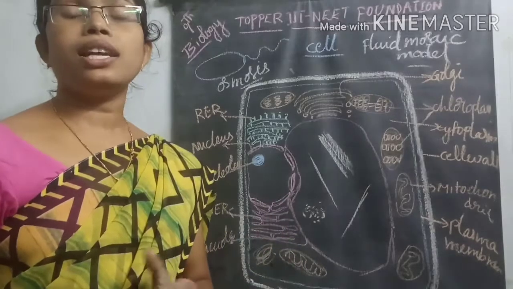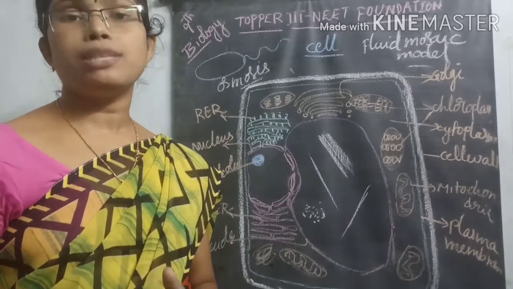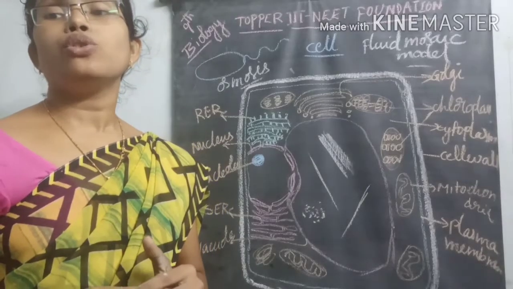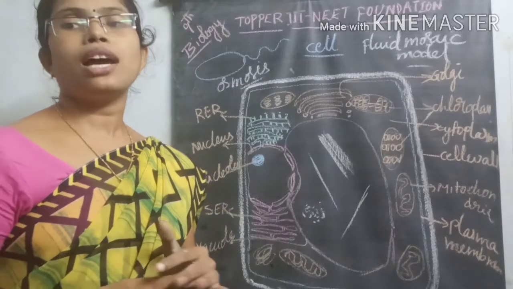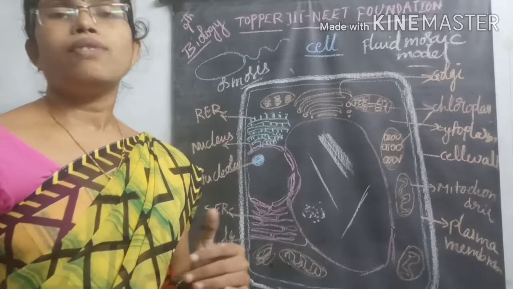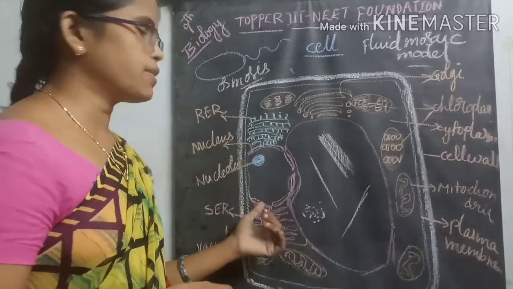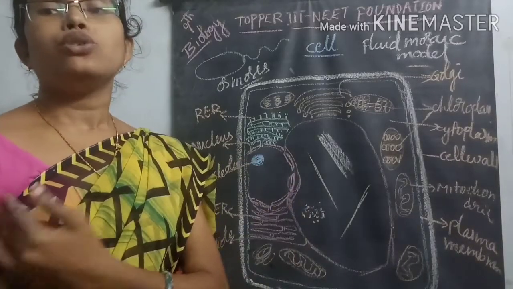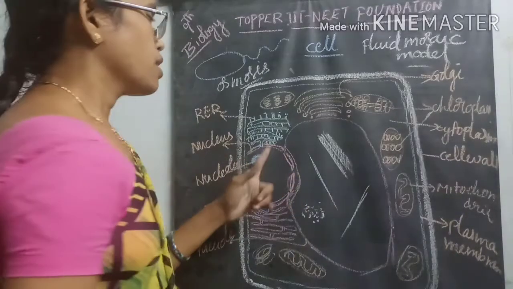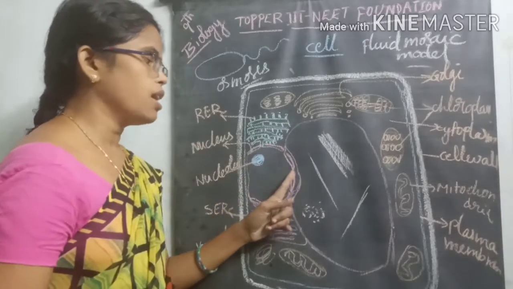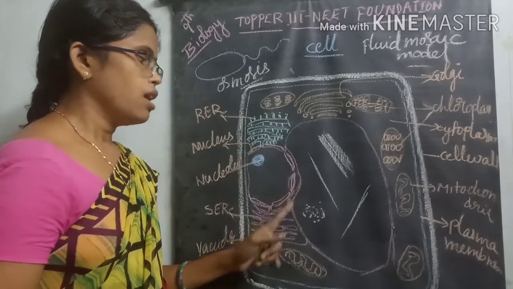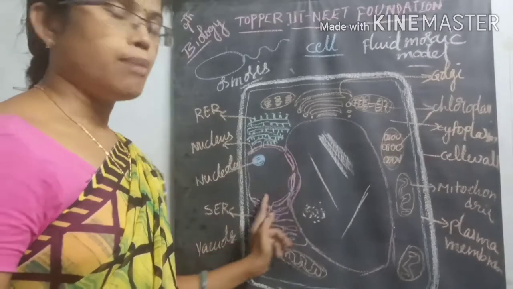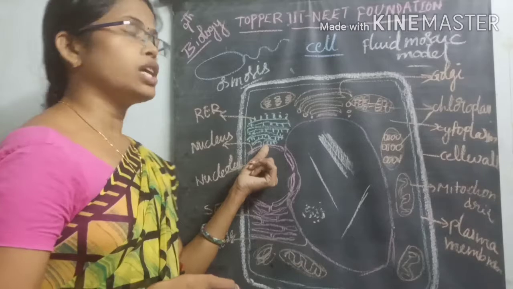Surrounding this nucleus there is a double membrane envelope, that is called the nuclear membrane or nuclear envelope. The space which is present inside this nuclear membrane is called the nuclear space, and some small pores which are present on the nuclear membrane are called nuclear pores.